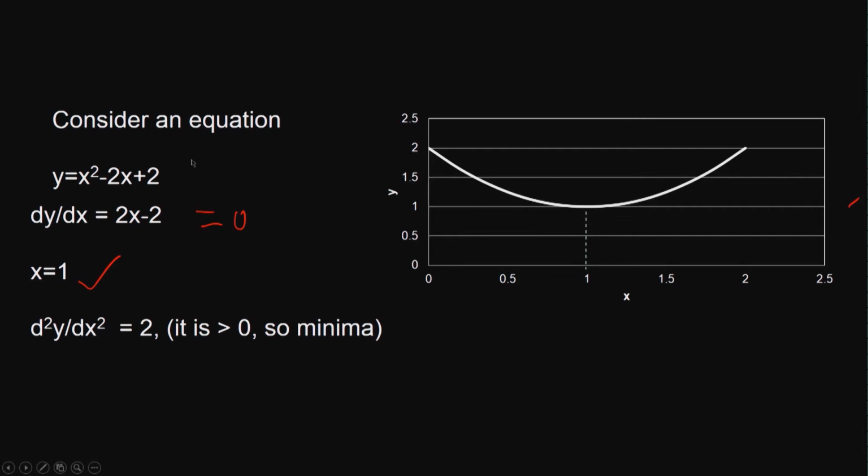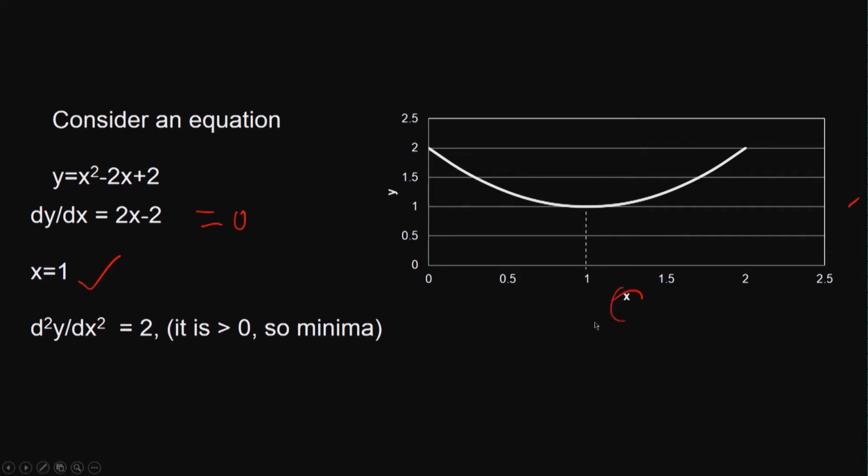So, you see 1 minus 2, okay, x is equal to 1. And at x equal to 1, dy by dx is equal to 2 minus 2, that is equal to 0. So, simple equation, we can even plot it in Excel and find that x is equal to 1 is the minimum value for x.